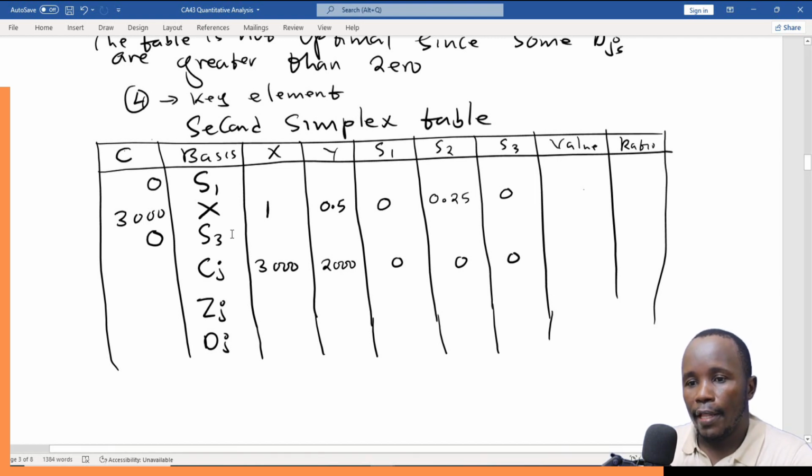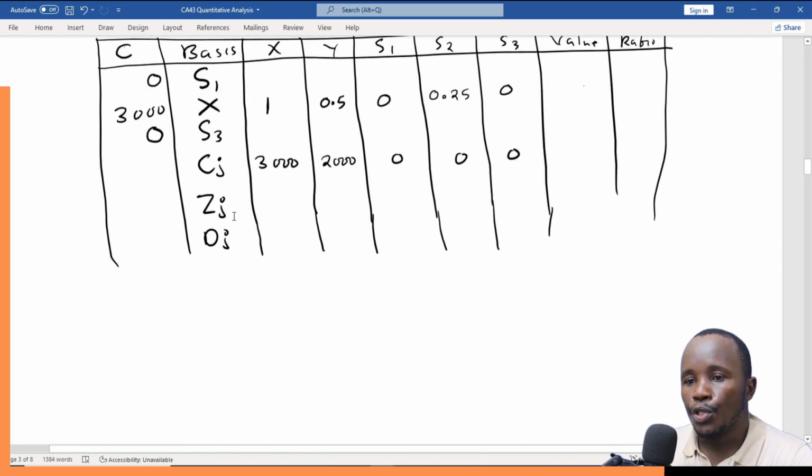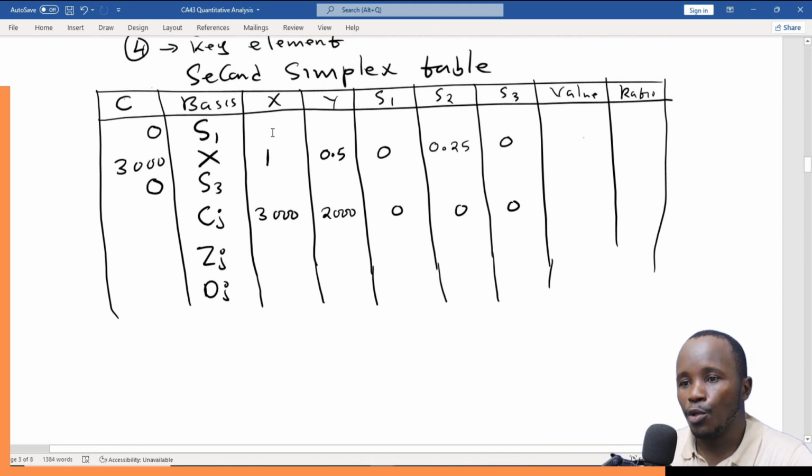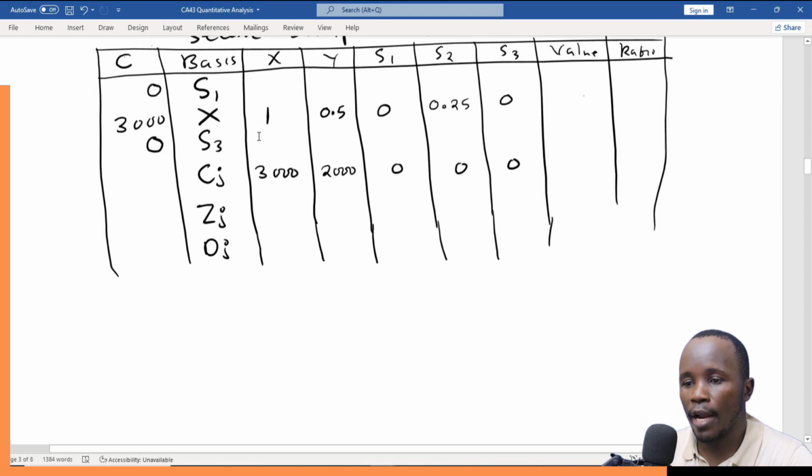Now, there is a formula we are going to use so that we can find the values to bring in here for S1.